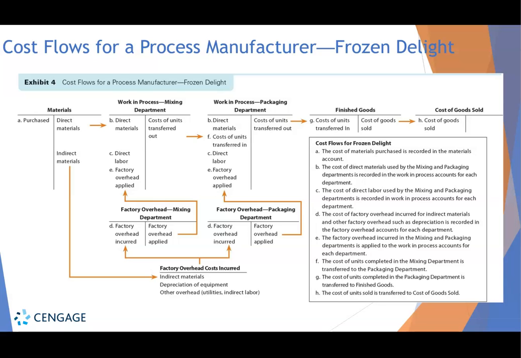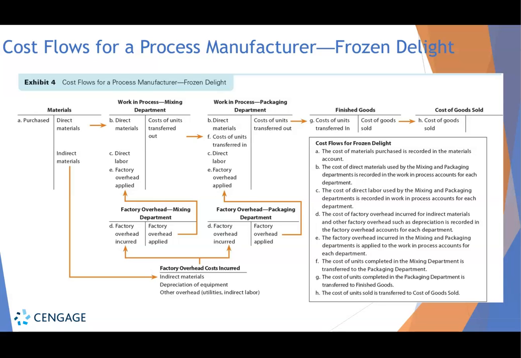The finished goods account is debited for the cost of the units transferred out of the packaging department. The finished goods account gets credited for the cost of the units sold. Then, as we know, that will be debited to the cost of goods sold account.